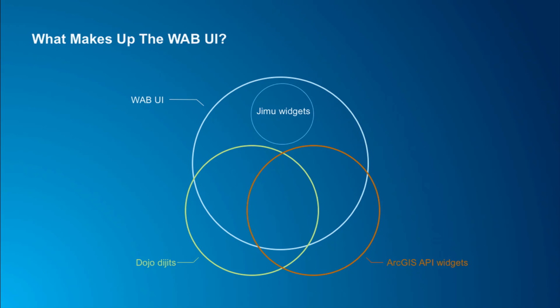And within it, it has some of the Dojo Dijits, such as the form elements, like the buttons, drop-down buttons, checkbox, all those. And also it has some of the widgets from Esri's ArcGIS API. And Web AppBuilder has its own GMU framework, and within that framework, it has its own GMU widgets, and its own GMU CSS files.